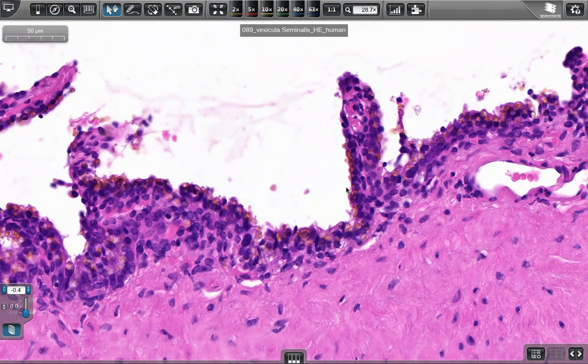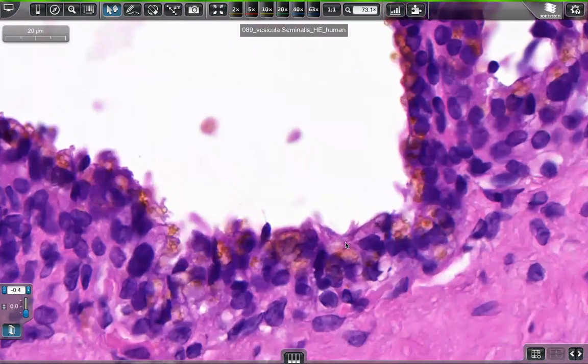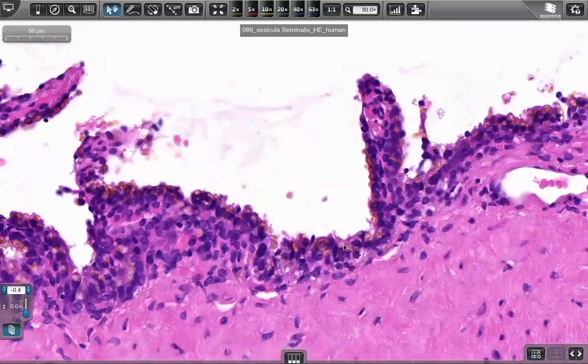These brownish granules are really typical inside of the cells. Lamina propria is a cellular rich connective tissue. So simple cuboidal or pseudostratified appearance of the cells, cellular rich lamina propria.